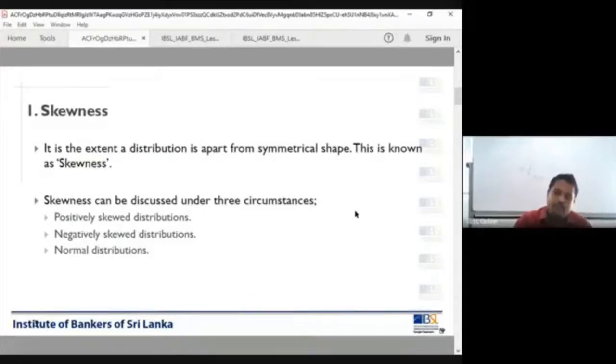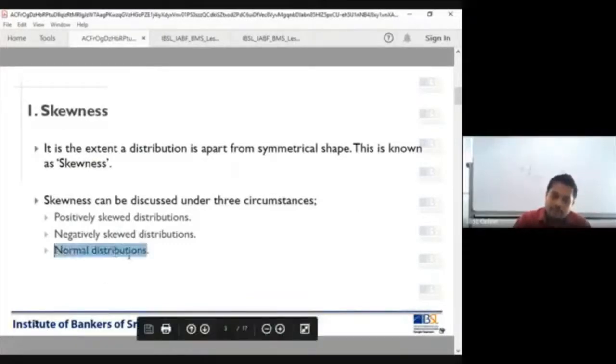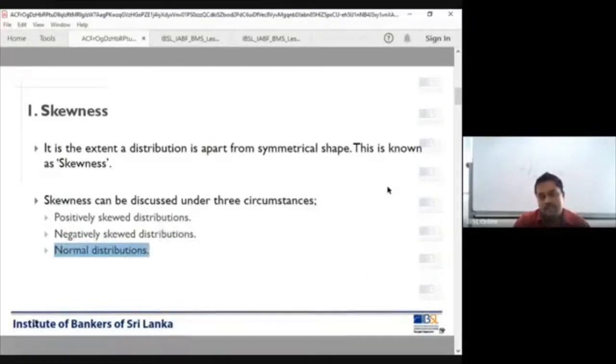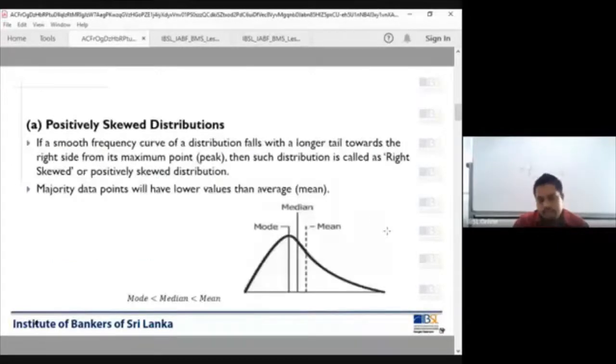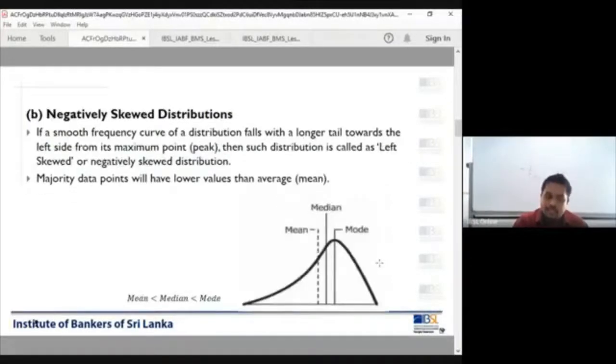You could identify normal distributions if you take millions and millions of data and plot them in a graph. However, depending on the nature of the data scatterness, you may see positively and negatively skewed distribution in practice. The important point to carry away would be we need to identify how mode, median, and mean shall be defined and which value will be higher than the other.